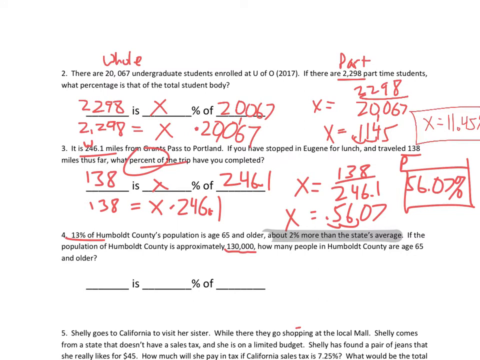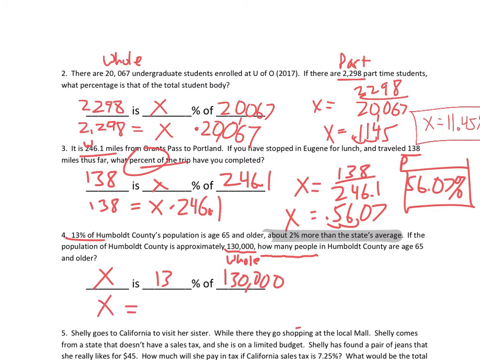What we do know is we got 130,000 and 13%, okay? And we want to know how many people, okay? So we got 13% of the total. So this is the whole or the total, okay? And so that's 130,000. Now, we don't know what 13% of 130,000 is, but let's write an equation.